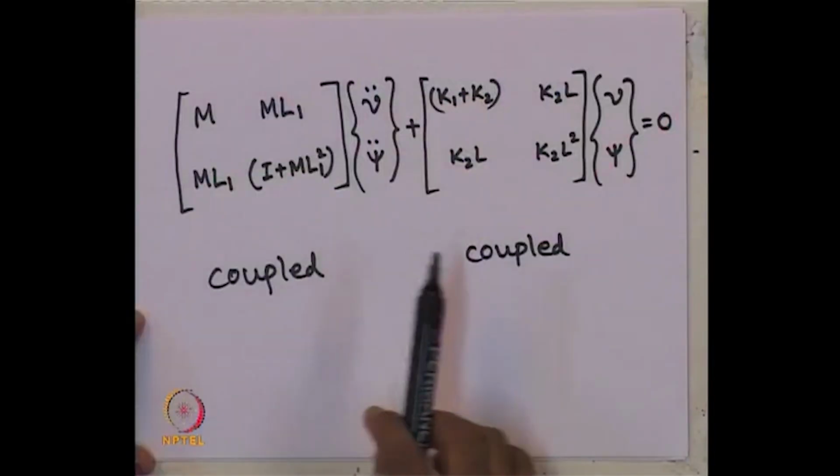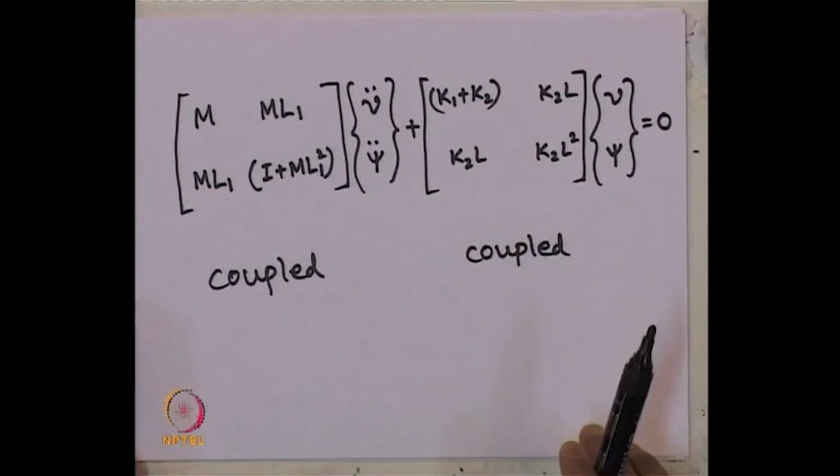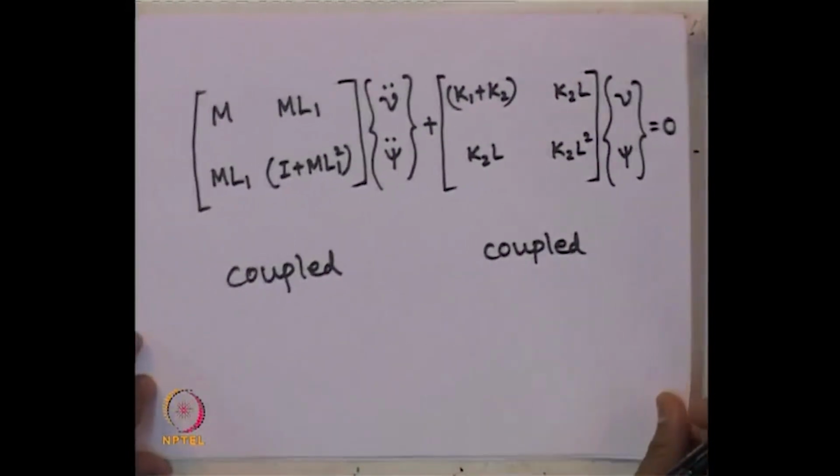Then let us see what happens. Suppose by choosing any type of coordinate system, you finally get an equation of motion which gives you mass, damper and stiffness matrices that are all coupled. So, what will happen? Remember, in the first case, when we solved the basic multi-degree of freedom problem, all the mass, damper and stiffness matrices were uncoupled.